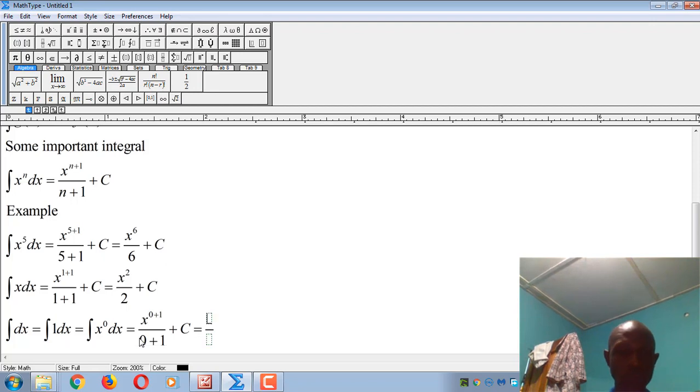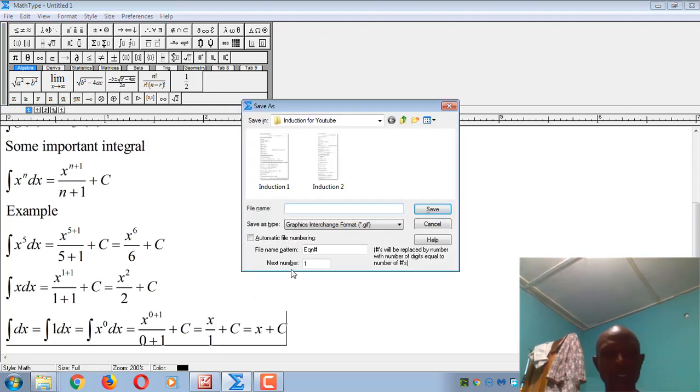So this gives us x to the power of 1 over 1, plus c. So our final answer will be x plus c. So that's what we have for that.